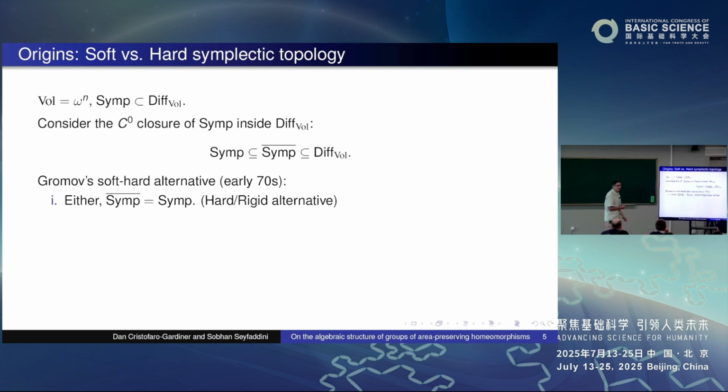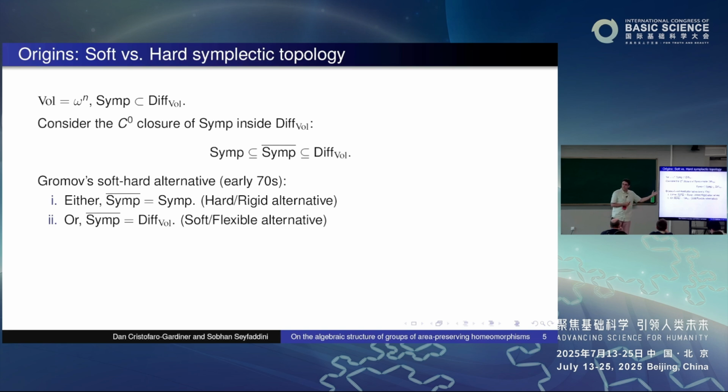This is what we call the hard or rigid alternative. Or, if this fails to be true, then the other inclusion is an equality, so you get nothing in between. Either you get nothing new, or if you get one new object in this closure, then you get all volume-preserving diffeomorphisms. So you get either the soft or flexible alternative, or the hard or rigid alternative.